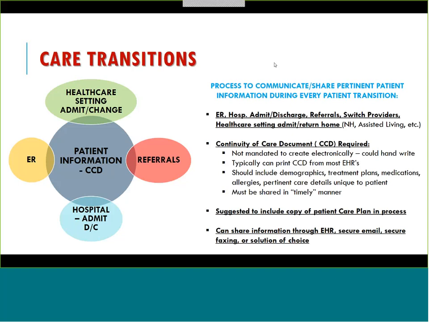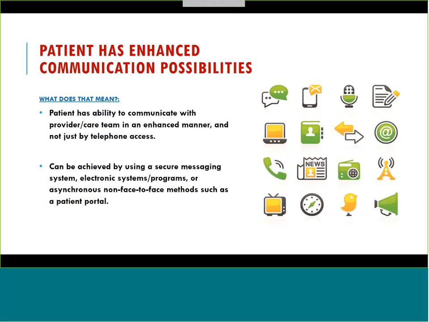You can share that information through an electronic source. If you, again, share an electronic health record with a system, obviously they can pull that out, or you can send it through there to them, grant access, remote access. You can secure email or fax, or any other solution of choice that allows that information to make its way protected over to that next healthcare setting.